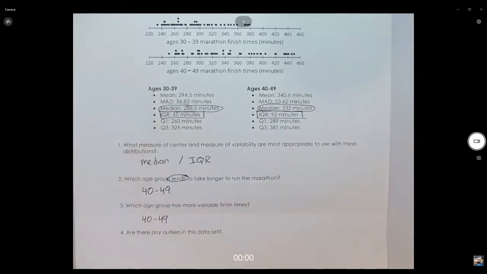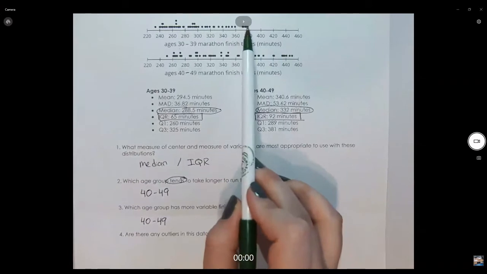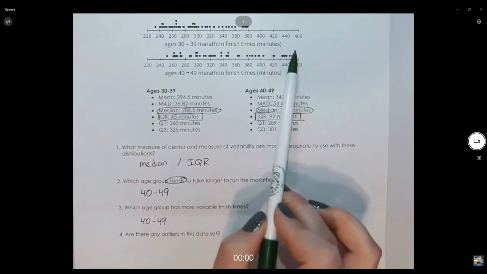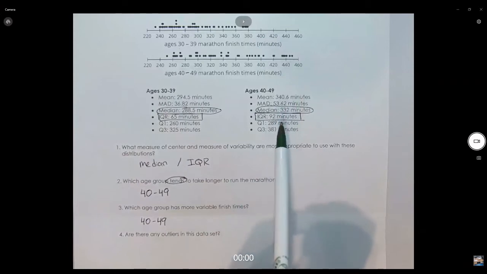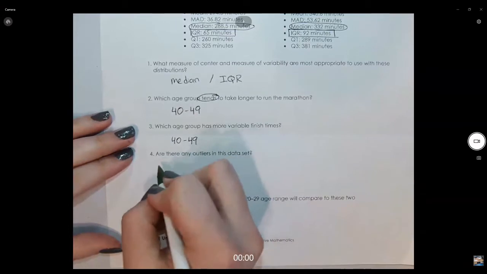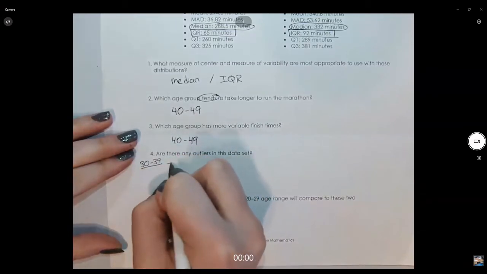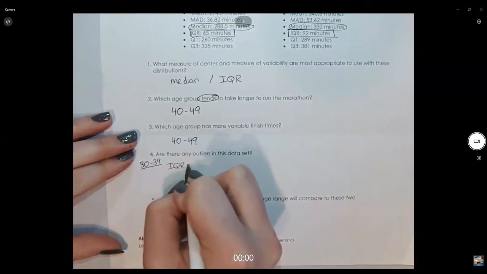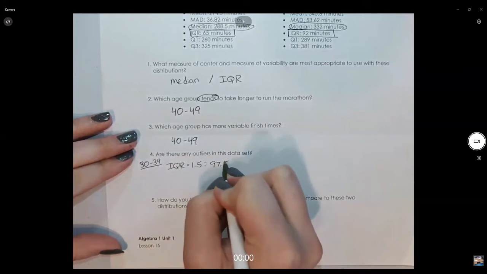Are there any outliers in this data set? Initially we might think that some of these higher numbers, the people who finish slower and take longer, might be outliers, but we would need to actually calculate that using our interquartile range. Remember, for example, for 30 to 39, we would take our interquartile range and multiply it by 1.5. You'd actually get 97.5 if you did that.